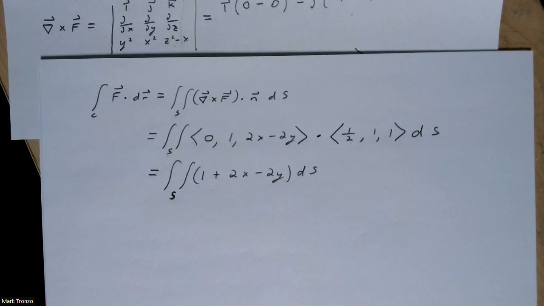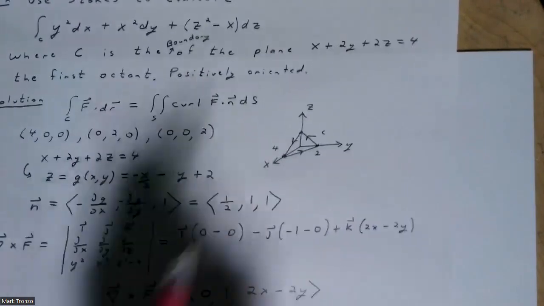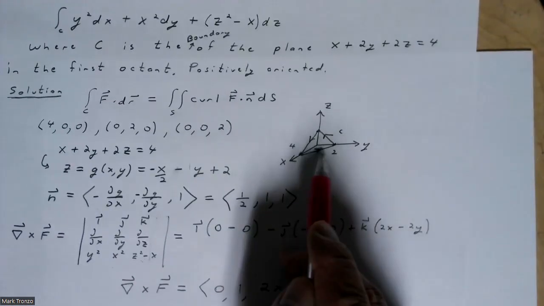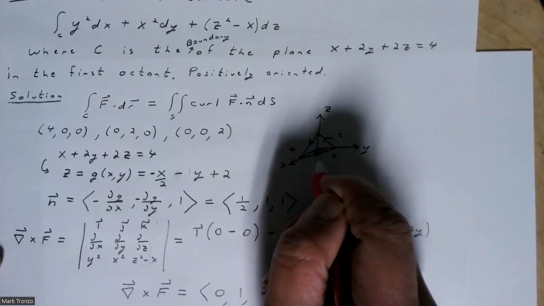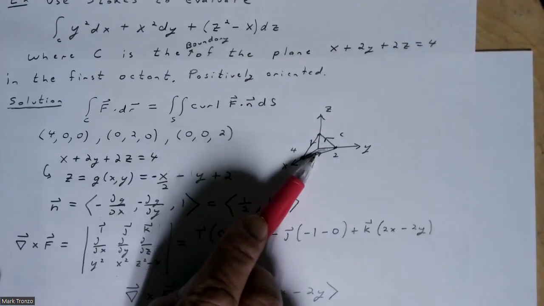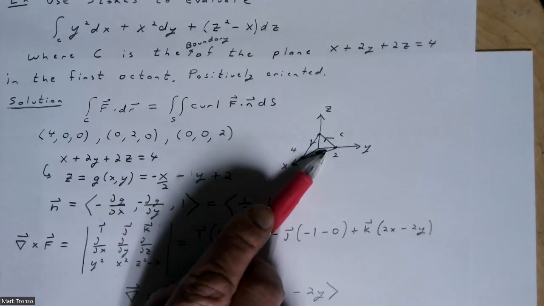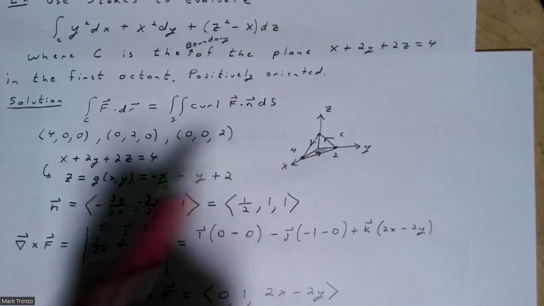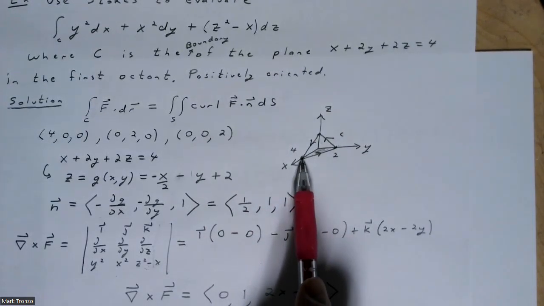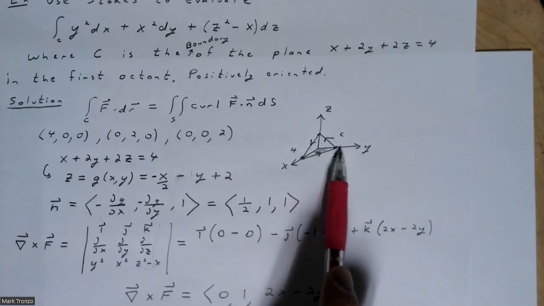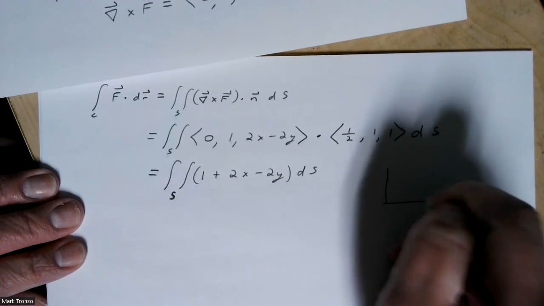And then now we're going to need the domain of integration. And so, remember up here, this was our surface. Then our domain for our integration could be down here. Remember, it's always going to be in the XY plane where the surface is projected down to the XY plane. So it'll be in the XY plane, and it'll be from 4 in the X to 2 in the Y. Let me redraw that in the XY plane over here.